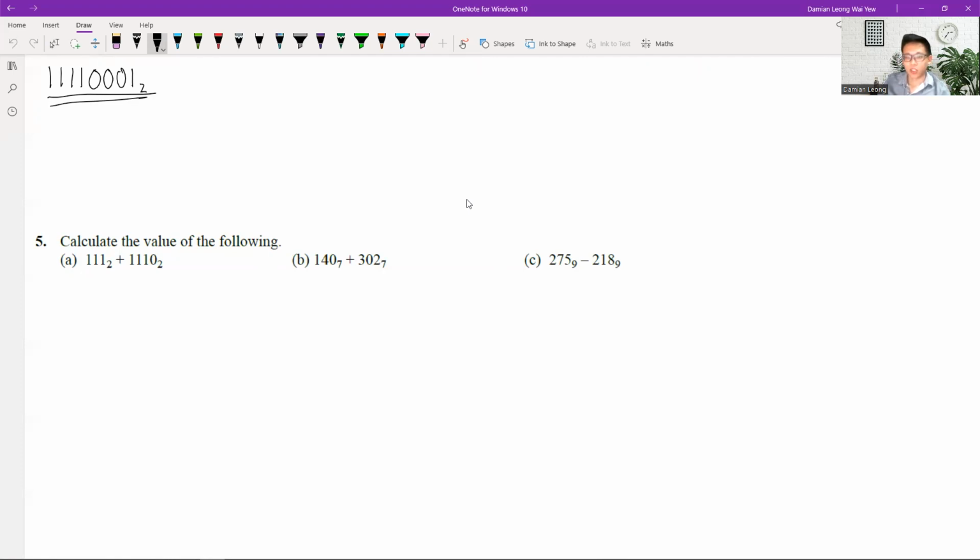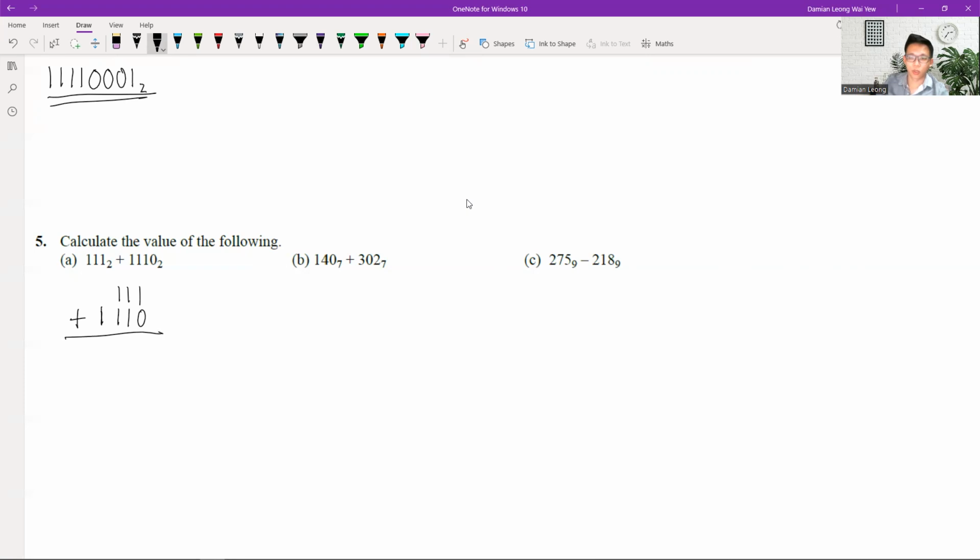In this case, addition. So 111 in base 2 plus 1110 in base 2. Don't go and write 111 1110 like that, it doesn't make sense. Base value must be correct. 1110 like this, plus together.